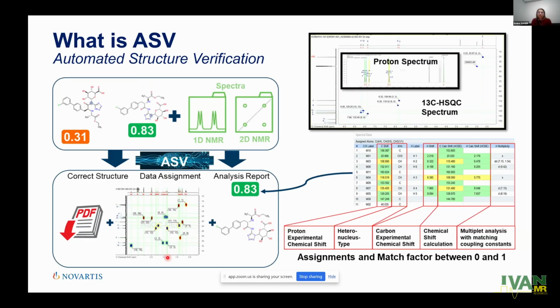And if it is red or black, that means you're very outside of the range. Then a match factor is calculated. This match factor can be between 0 and 1. If it is 1, this is 100% correct. If it is 0, it is very bad. Then it compares the calculated and the predicted, and you have the match factors.